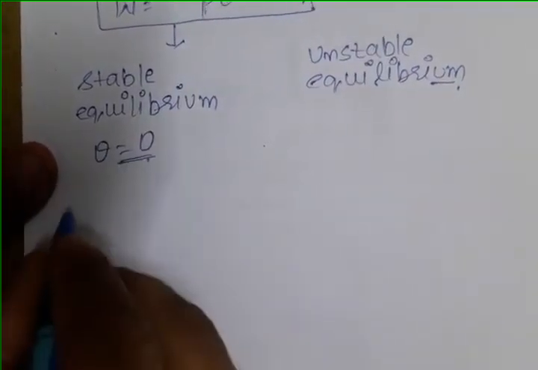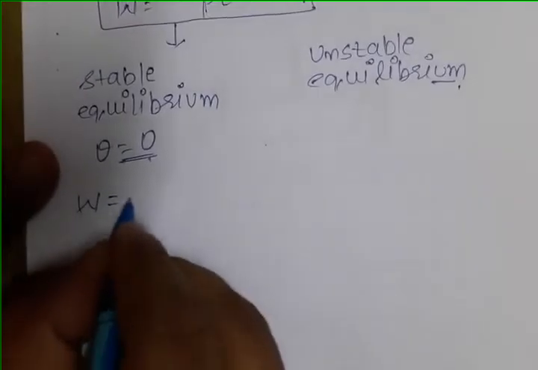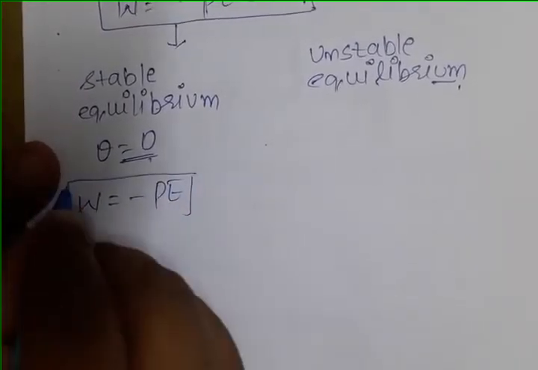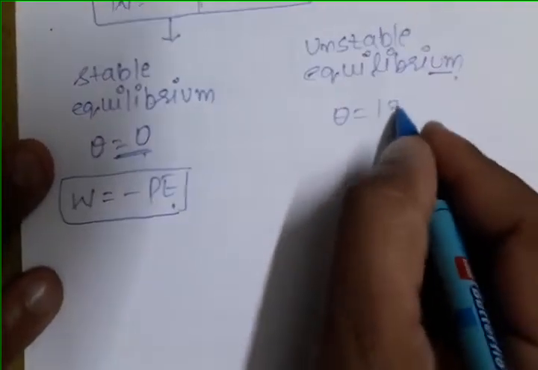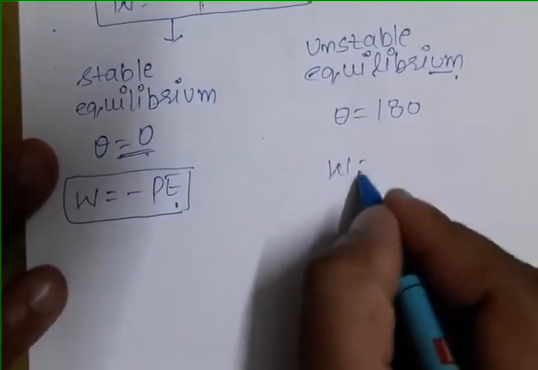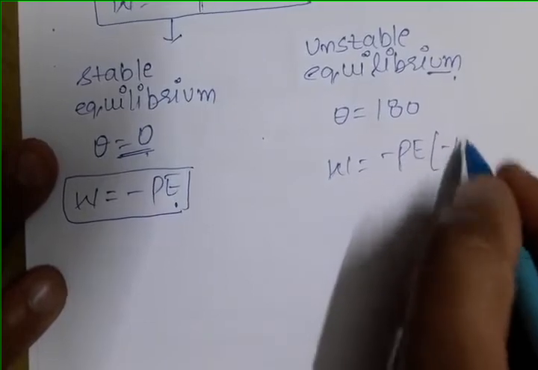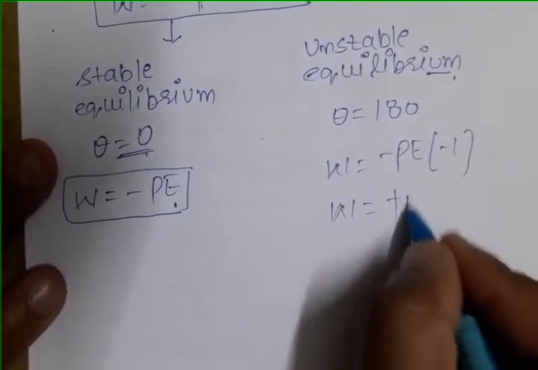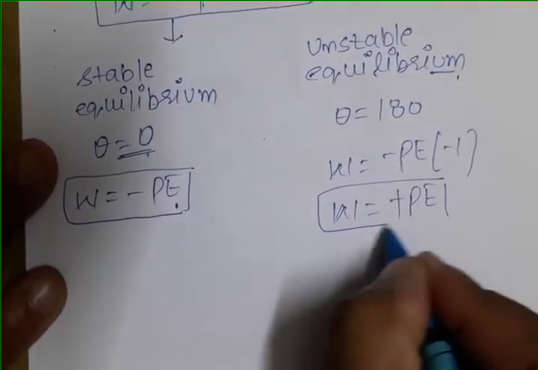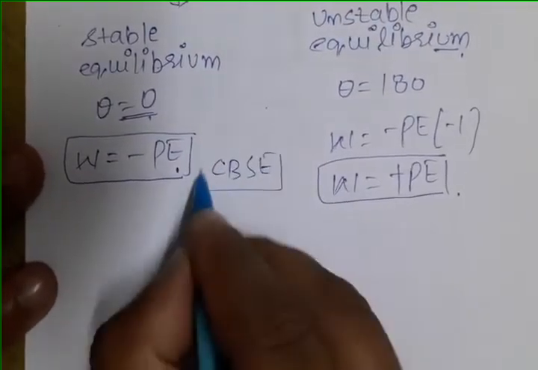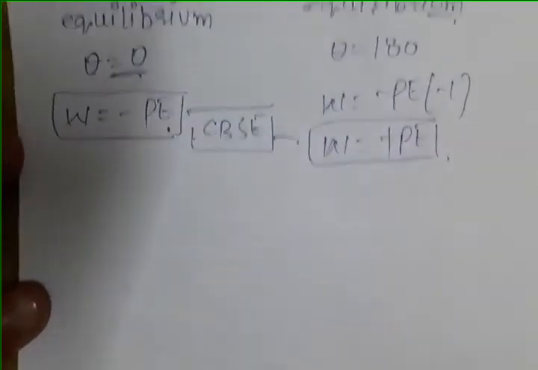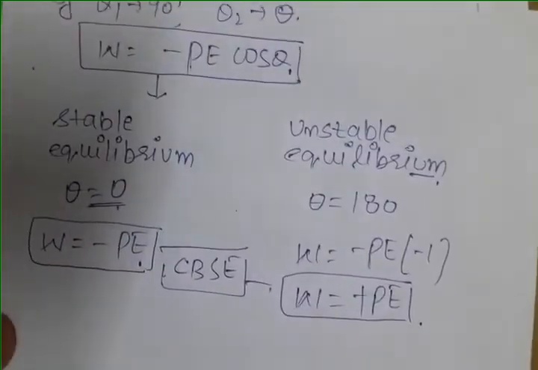Theta should be 0, so that the work done, which is stored in the form of potential energy, is given by this. For unstable equilibrium, theta should be 180, so that the work done is minus pE cos 180, which is minus 1, so work done is plus p into E. So these are very important from the point of view of CBSE. Many times questions are asked from this, that under what condition it will be in stable equilibrium or unstable equilibrium.